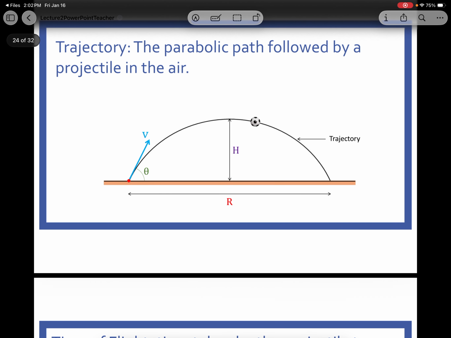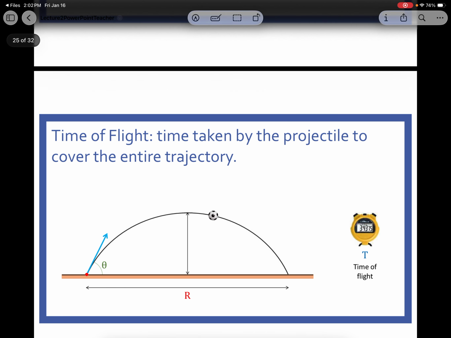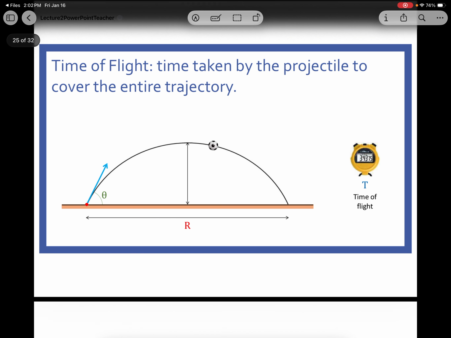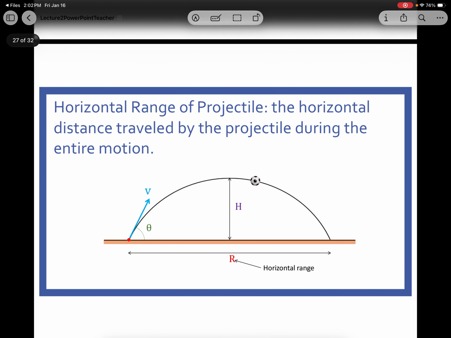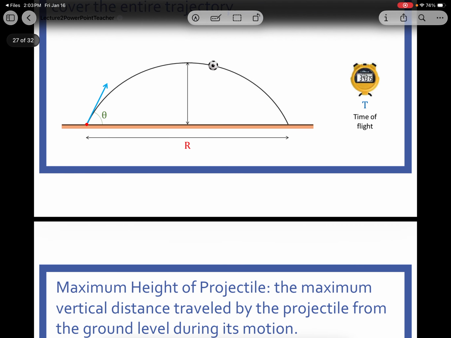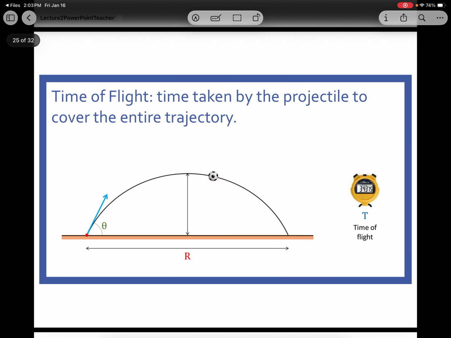The pathway is the trajectory. H, capital H, is the maximum height. The total range, or the total x direction, here is capital R. And then the entire time that the projectile is in the air, we're going to call that capital T, and we're going to call that time of flight.